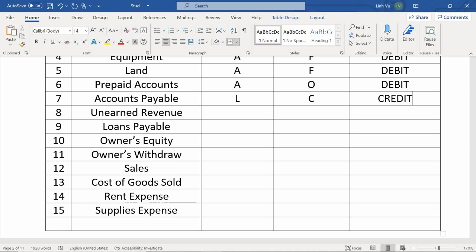Because revenue is when you earn money by doing a service or by providing or selling a product. In this case, this hasn't been earned yet. Customers have already paid you in advance, but you haven't completed the task yet.